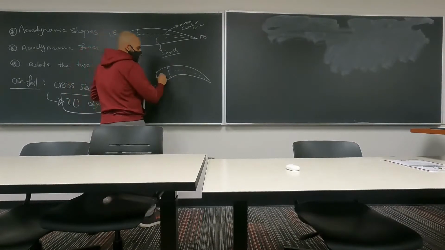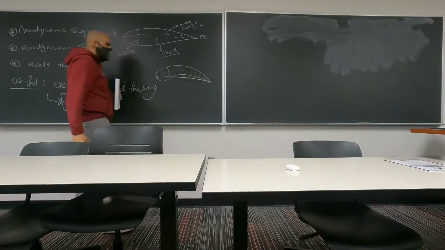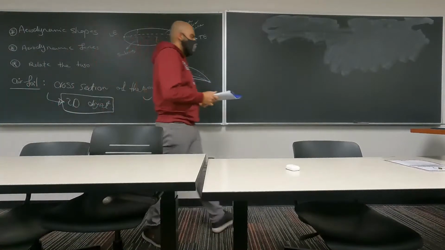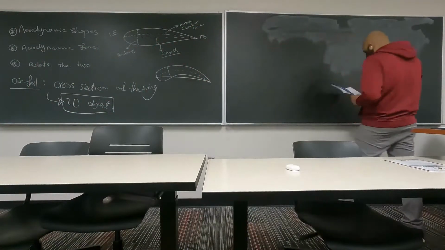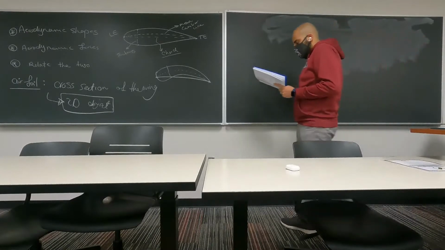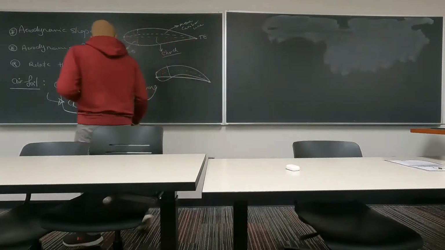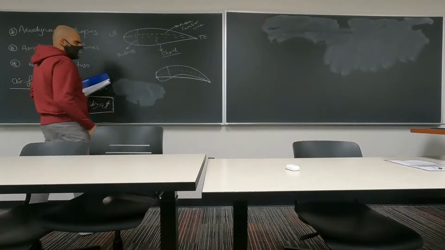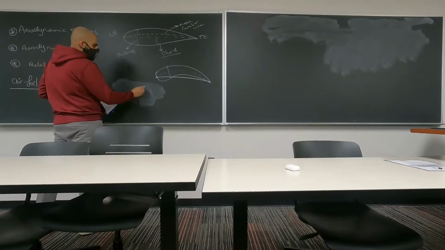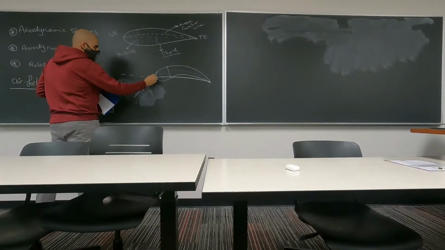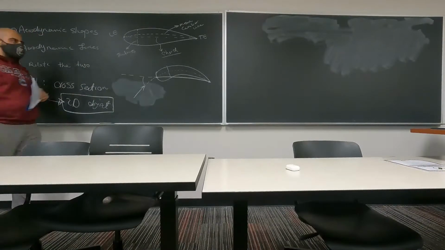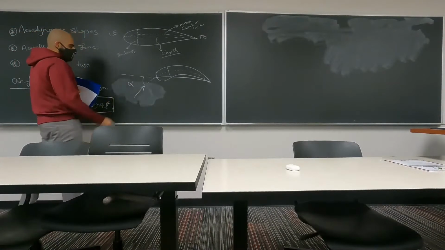And this one, the chord length is this, okay? Chord is always the shortest distance. It can go from the leading edge to trailing edge. We usually call the angle the flow direction makes with the chord length the angle of attack.